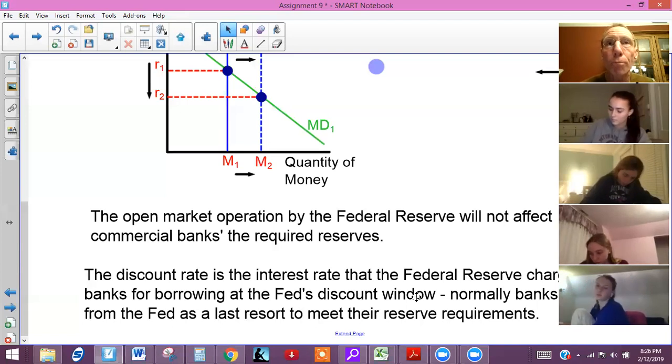They usually borrow it from another bank, but if they can't, they can always go to the Federal Reserve's discount window, and the rate of interest they have to pay on the money they borrow from the Federal Reserve is called the discount rate, and it's usually low. It's usually lower than normal interest rates, okay?